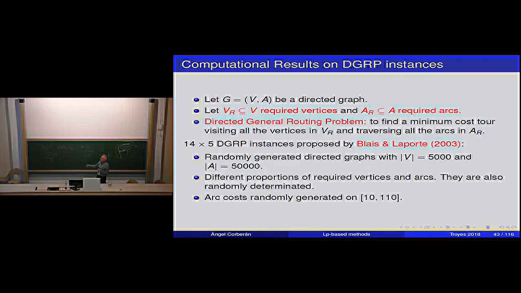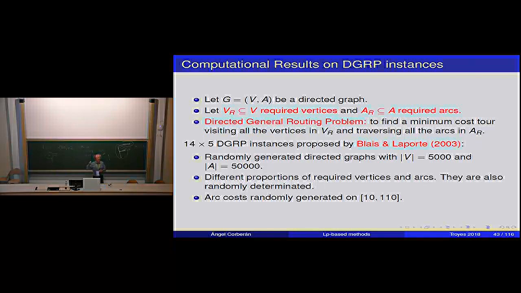Blais and Laporte transform these problems into asymmetric TSP problems. Let me tell you that since the research on node routing problems comes from many years ago, and many more people are working on node routing problems, the methods, heuristic and exact methods for node routing problems are more developed than those for arc routing problems.